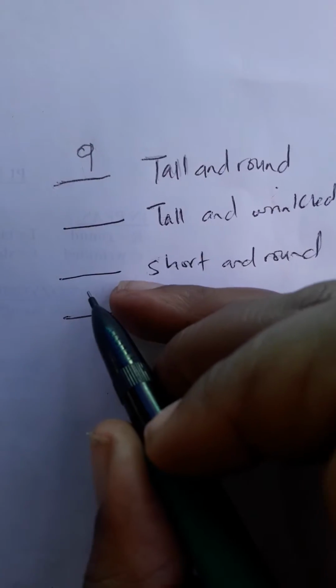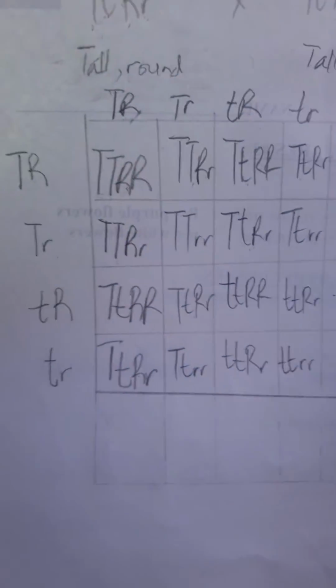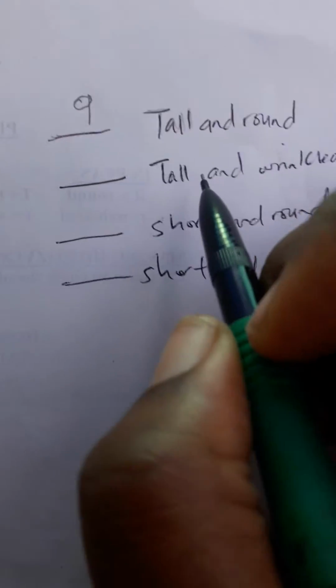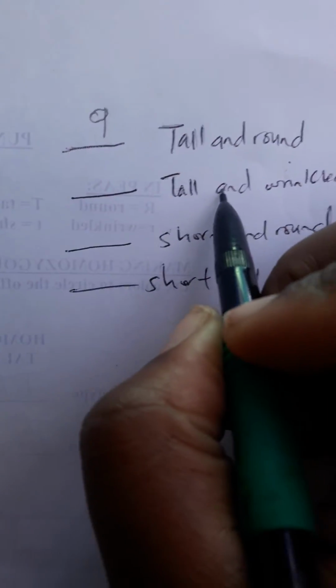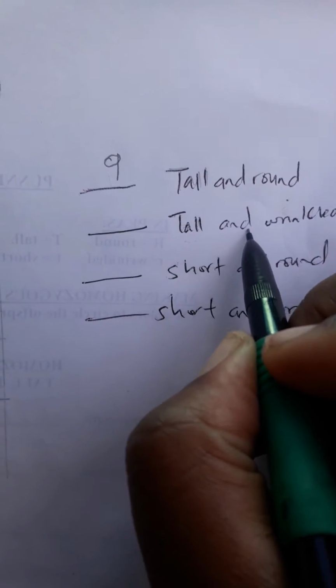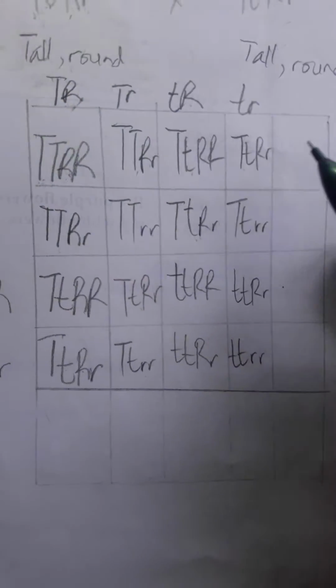Let's look at the tall and wrinkled. In order to be tall and wrinkled, the organism must carry the big T, capital T, and the little r. Let's see how many have that.